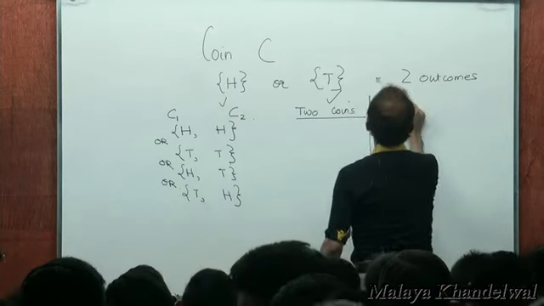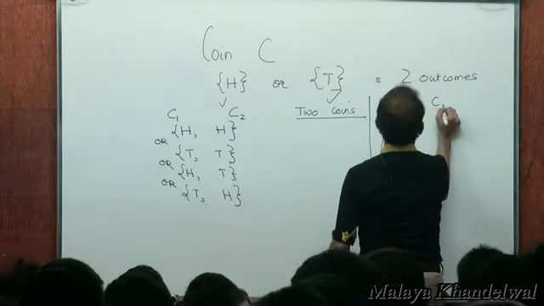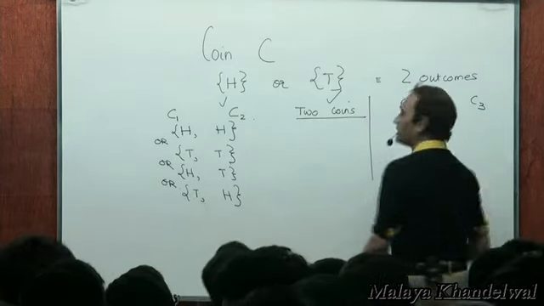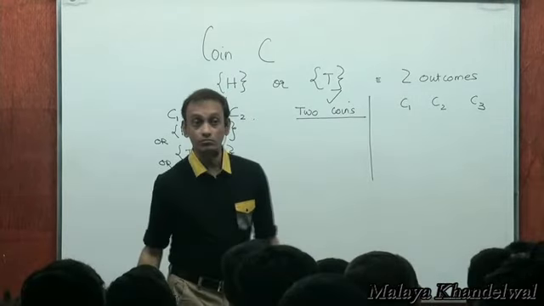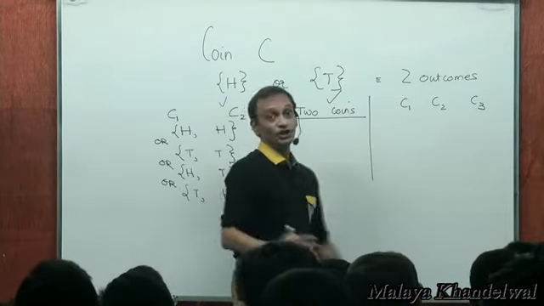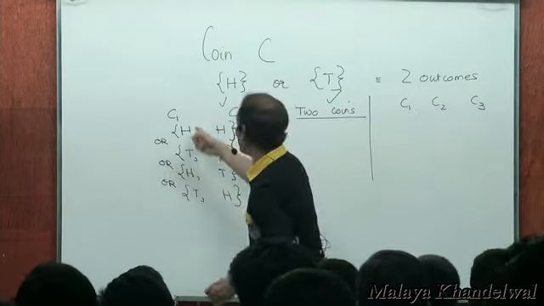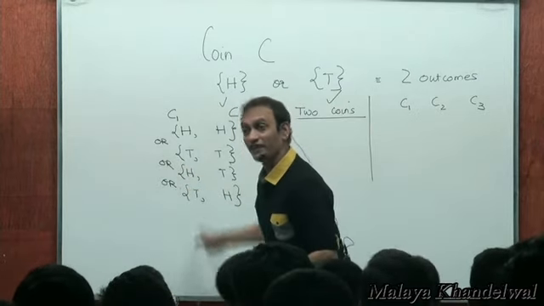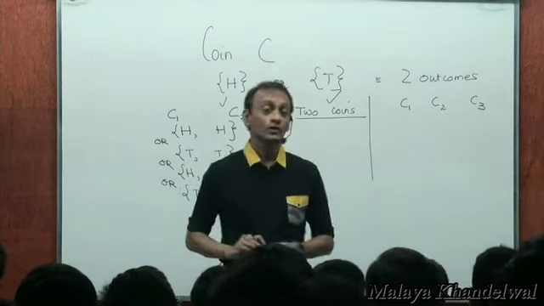Suppose there were three coins, C1, C2, C3. Now, see, all this we have done manually right now.